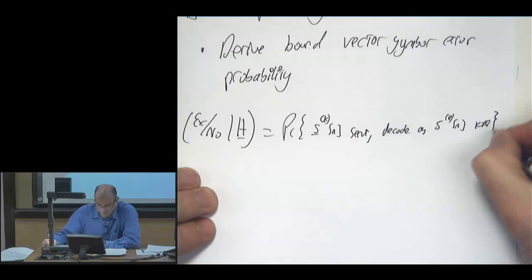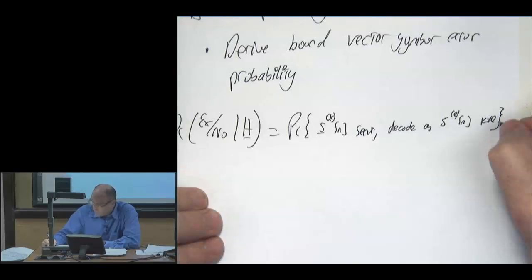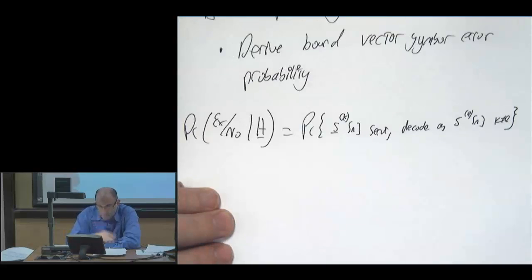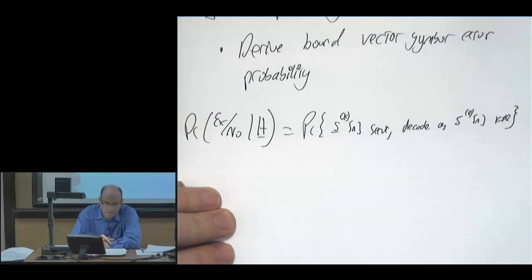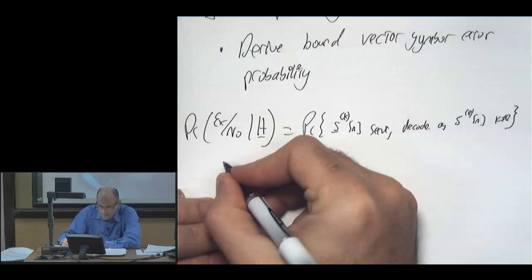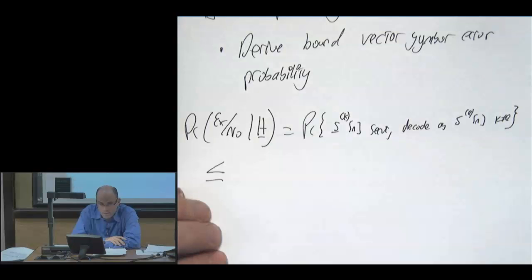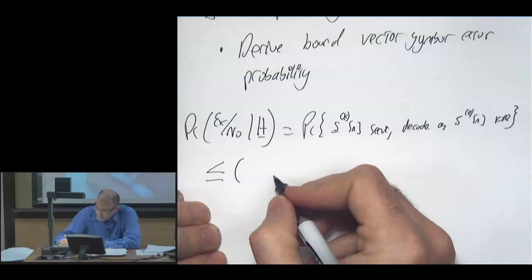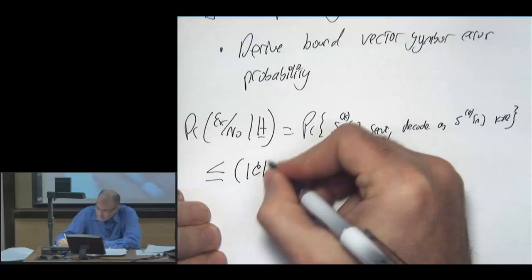So that's the probability of vector symbol error, and we went through similar arguments last time about why this was hard to compute, even in the scalar case, and then we computed some upper bounds. What we ended up with was our favorite here, the union upper bound, and that's what we're going to use here too. So remember, in the union upper bound, we had the number of points in the constellation minus 1. Here, it's c to the nt minus 1.